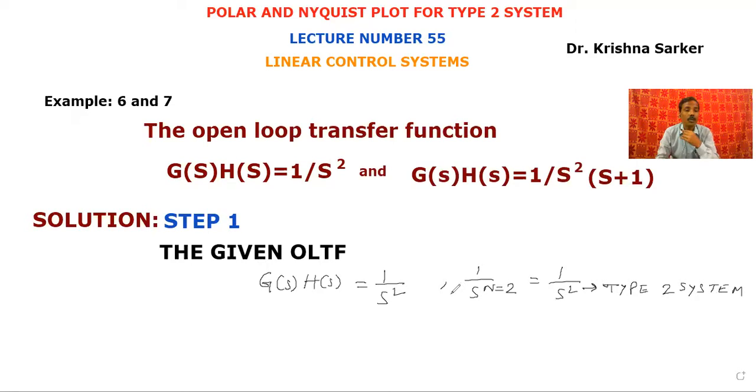Then calculate pole zero and draw the pole zero location. What is the pole zero location? First, s square equals 0. That means s equals 0 and s equals 0. At origin, number of poles equals 2.